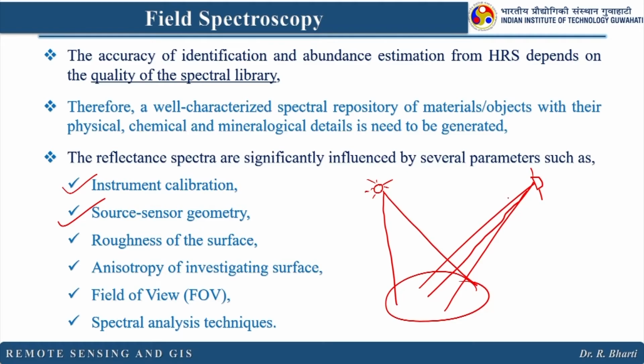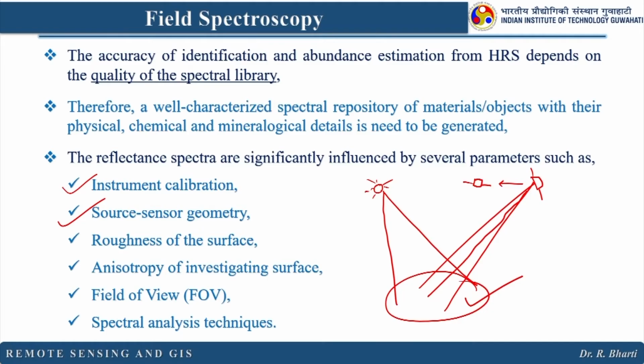So, what if we change our position from here to here? The reflected amount will be different because the surface is not isotropic. So, that is why we need to take care of the source sensor geometry.